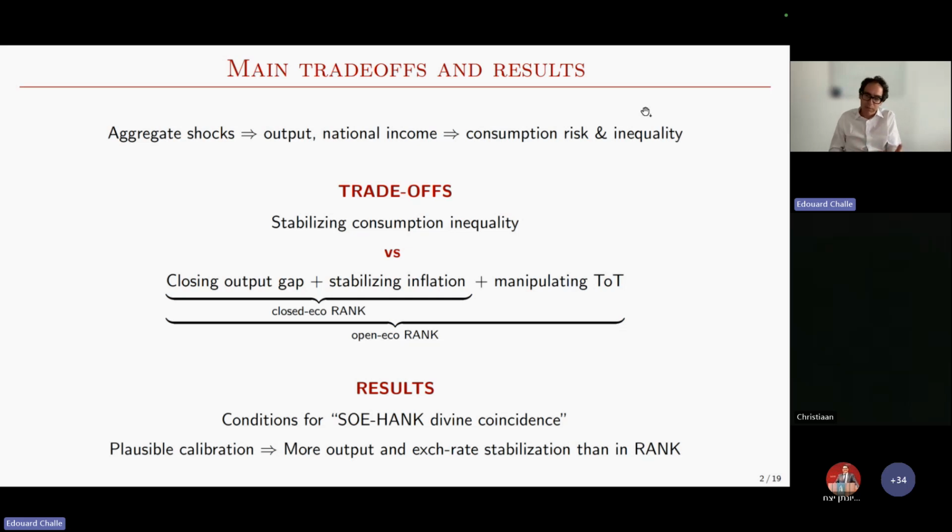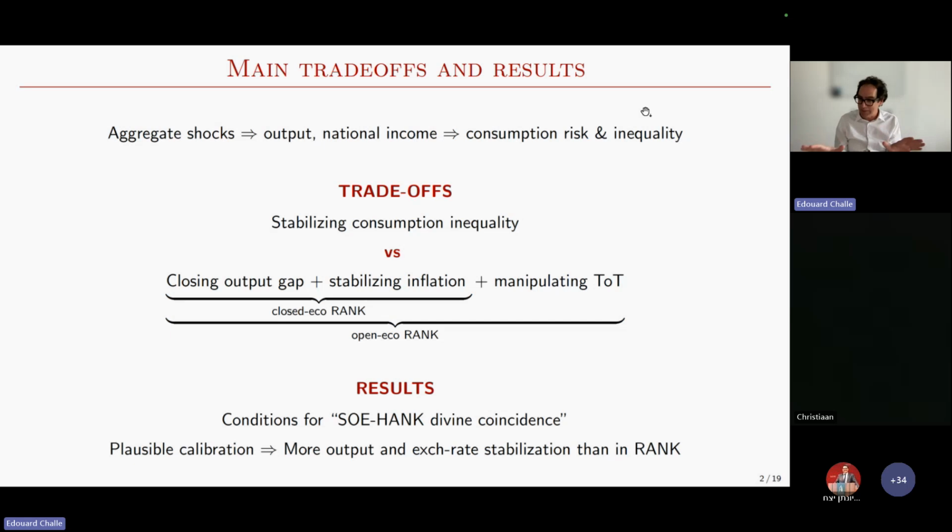For example, that may justify why, when there is a shock that causes an appreciation of the currency that is harmful for exporters, the central bank may want to provide more accommodation than it would in the closed economy to limit the extent of the appreciation, even if there is a cost in terms of domestic inflation. Okay, so this is what the traditional literature has been looking at.